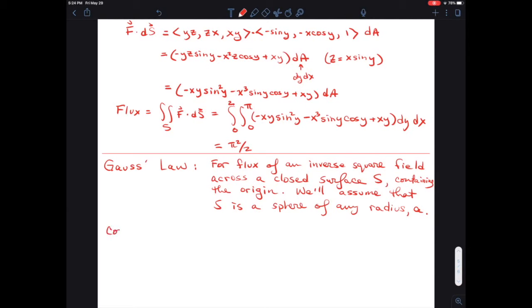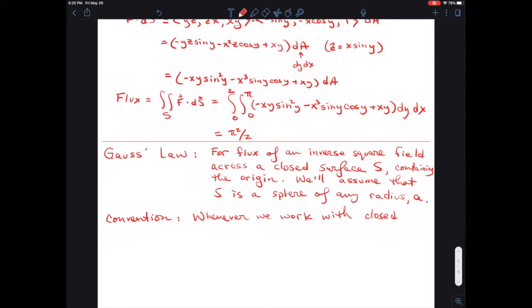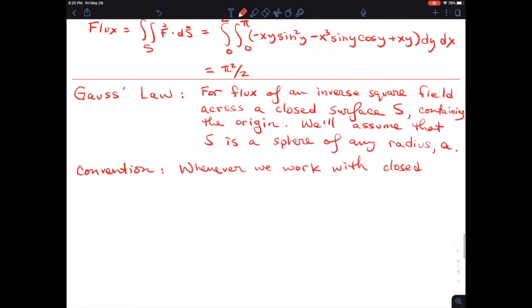There's a convention, and that would be whenever we work with closed surfaces, the surface normal should point outward.